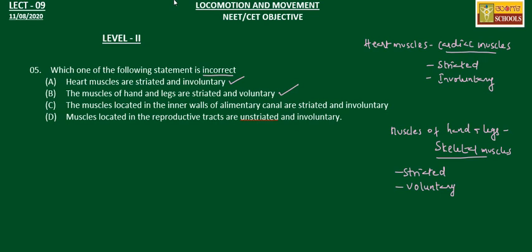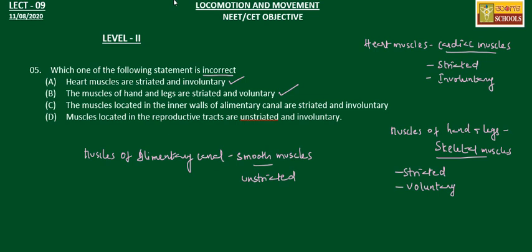Then coming to the third option, the muscles located in the inner walls of the alimentary canal. So here the muscles of the alimentary canal are smooth muscles, and these smooth muscles are unstriated.